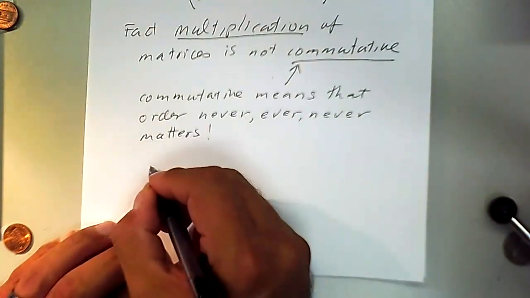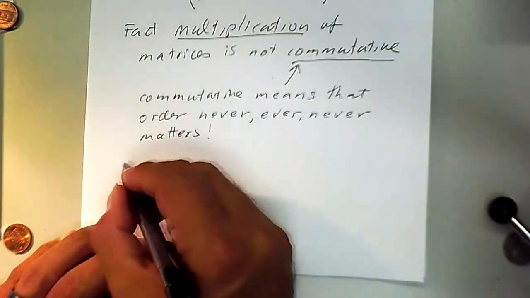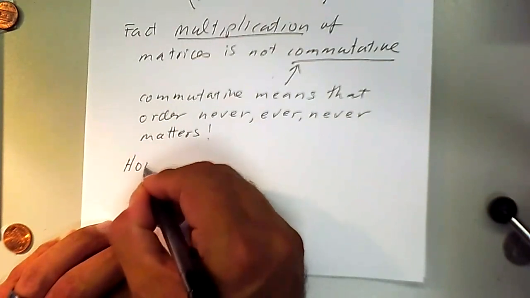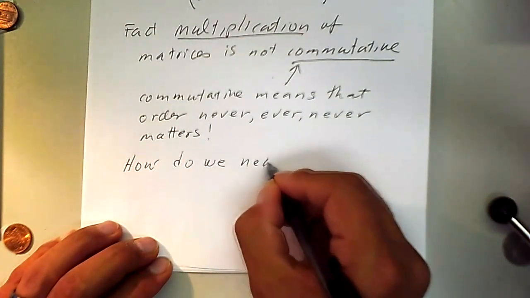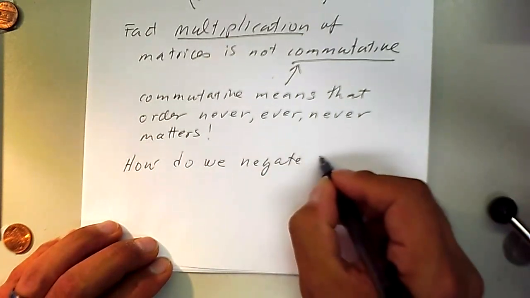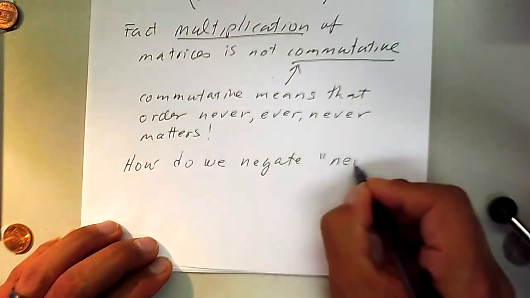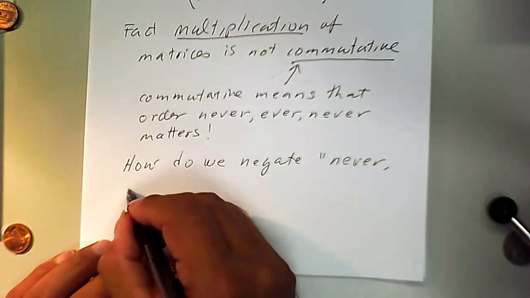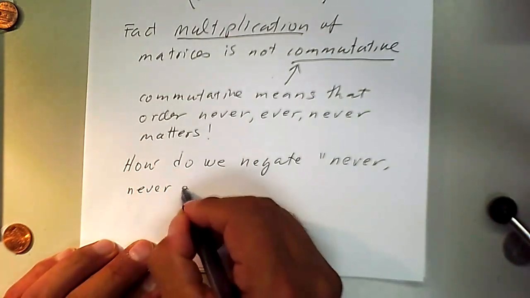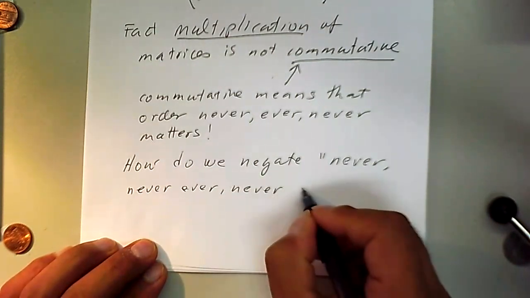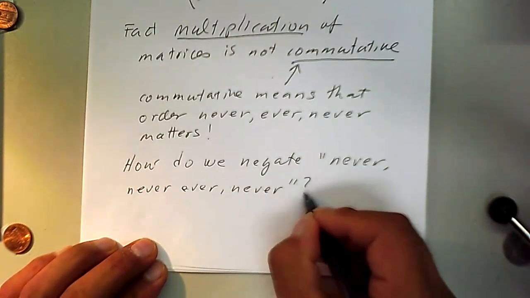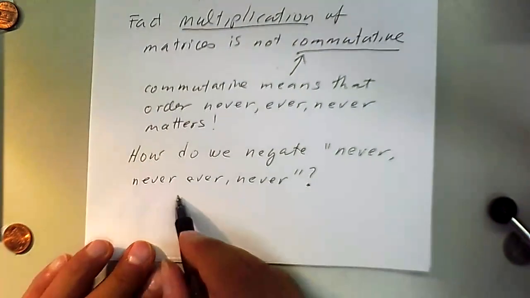So here's the question: how do we negate never, never, ever, never? This is a little bit of a joke.